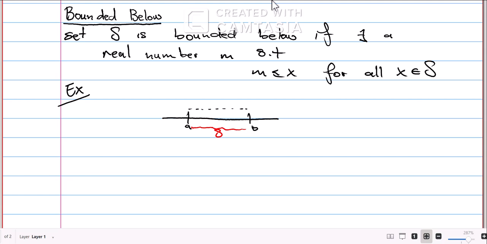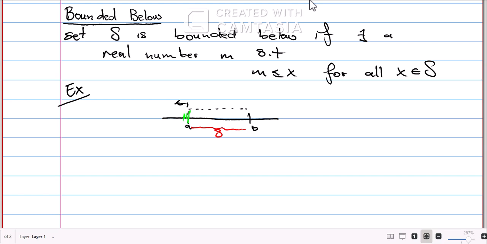the number that is less than or equal to, so we are looking for a number here on this side. Okay, so the number that is less or equal to a, so this is a, this is the number which is less than a.